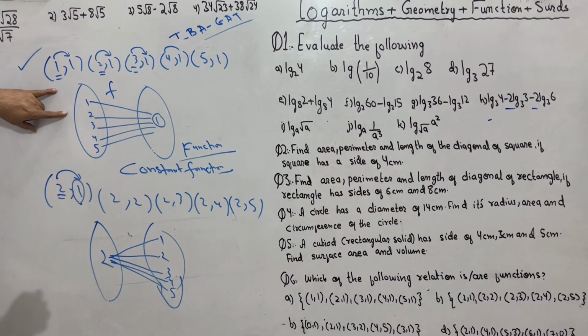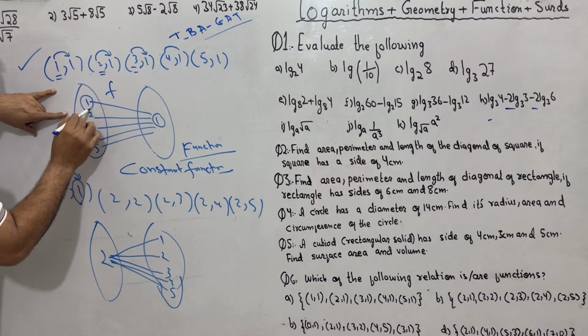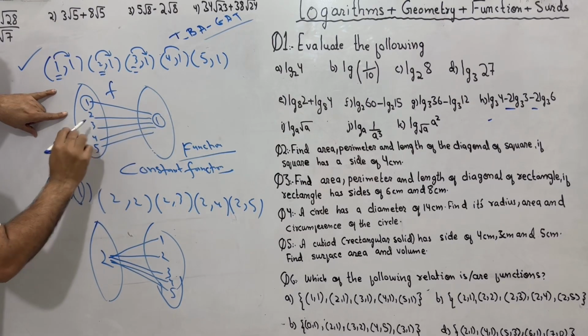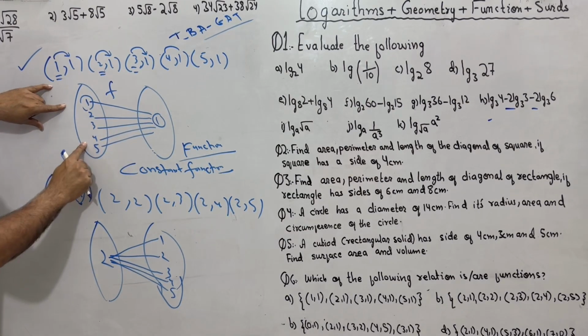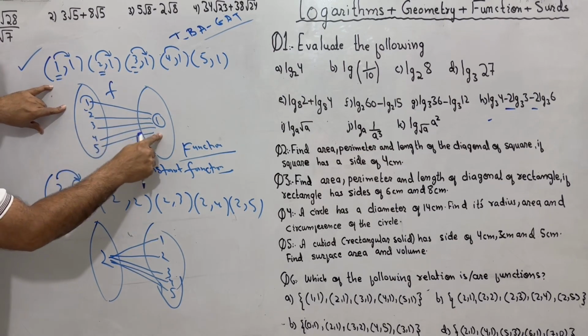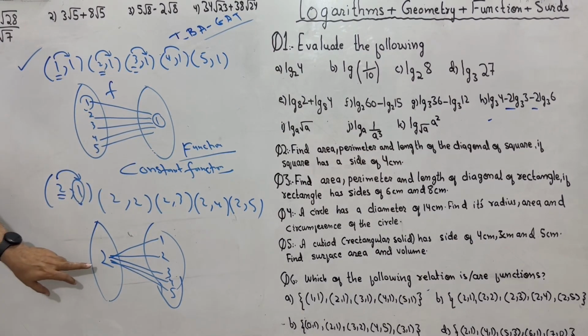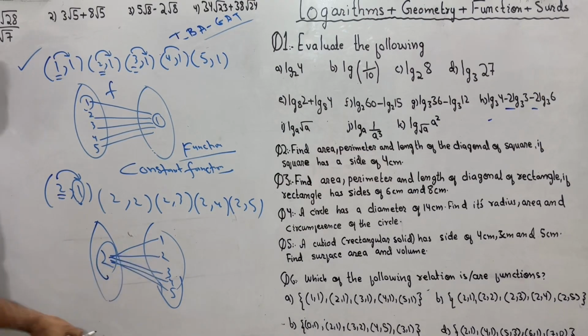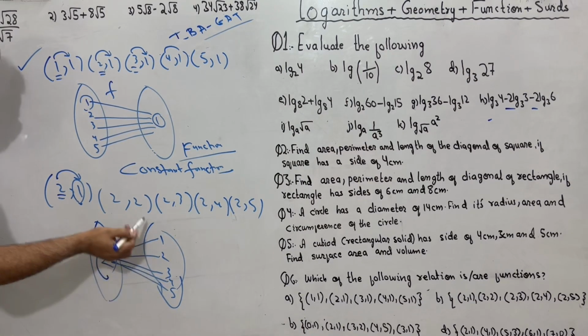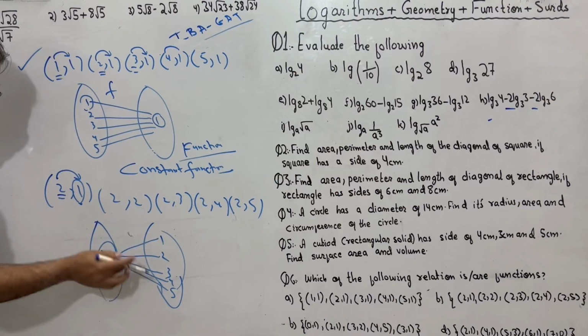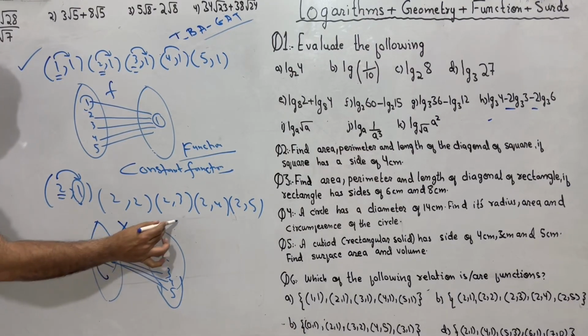Like this, 5 people have the same age. It is possible. But the same person having 5 different ages is not possible. It is not a function.